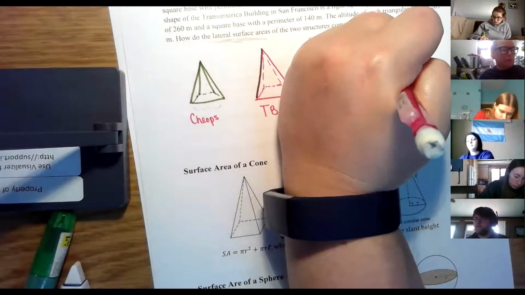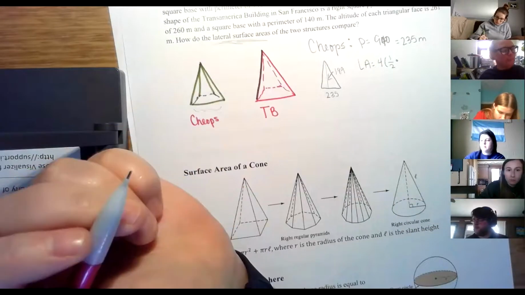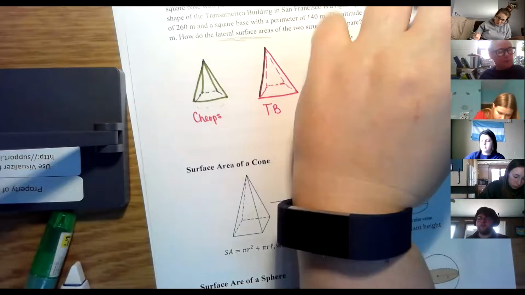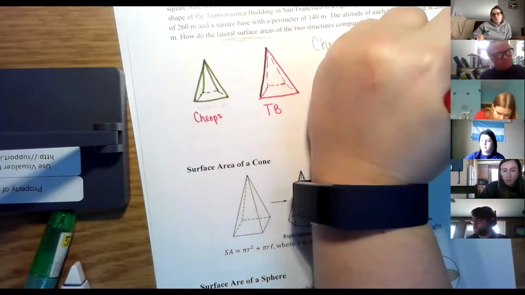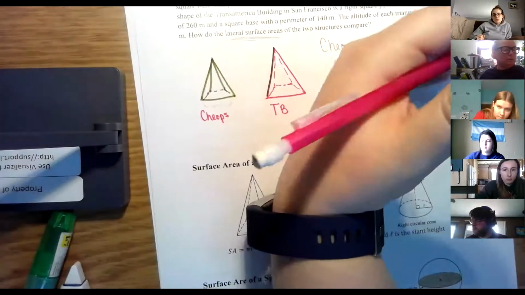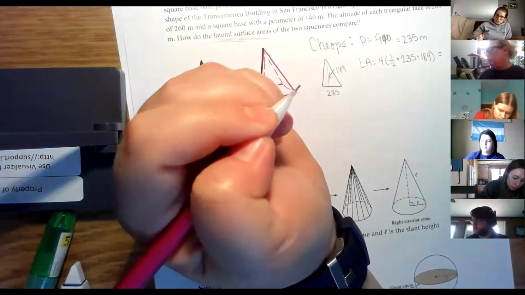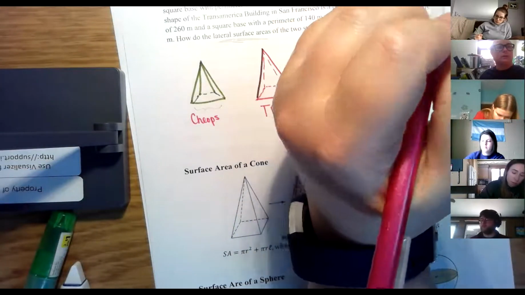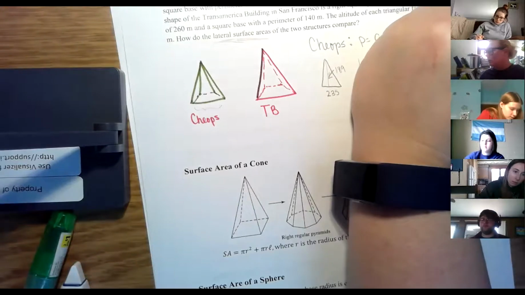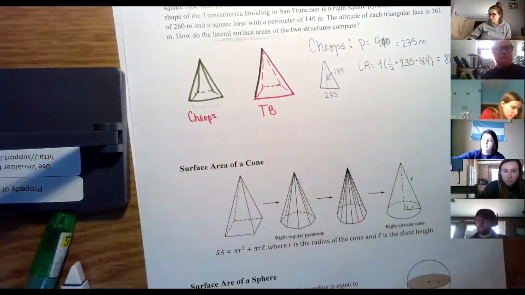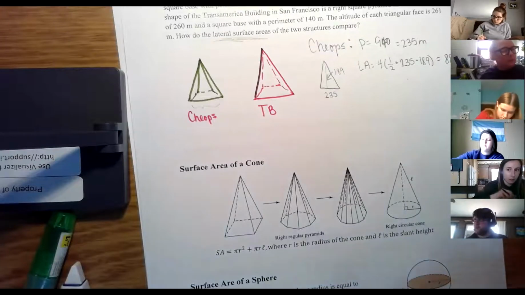So that'll be 4 times 1/2 times 235 times 189, which comes out to be a big number, 88,830 meters squared. Is it 235 times 189 or minus 189? Times.